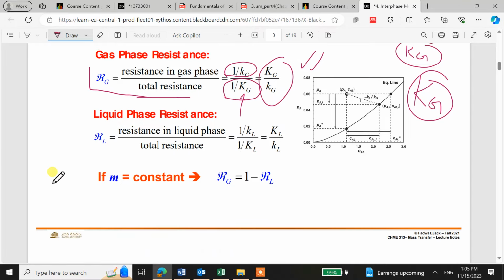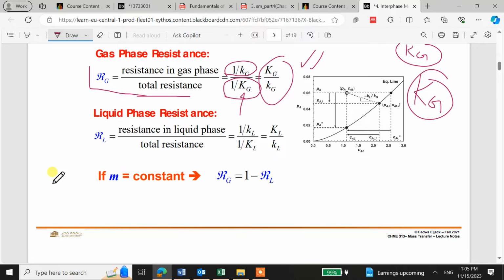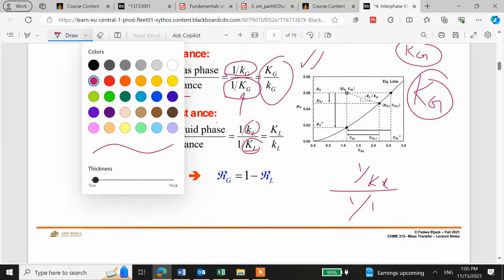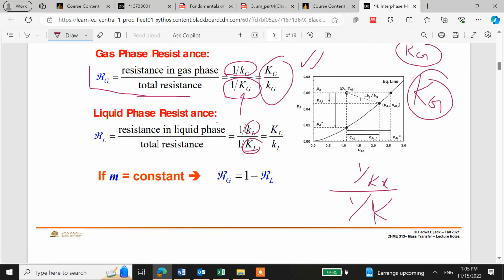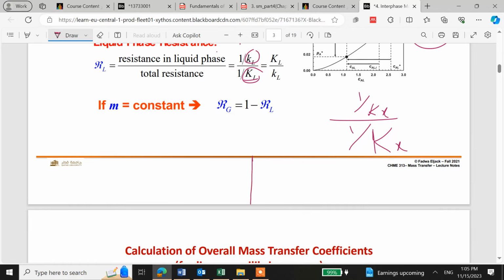Same in liquid. For the liquid resistance, you would use kL, or if it is kx, it's fine, kx and 1 over capital K. Basically, what is happening is you have gas and you have liquid.